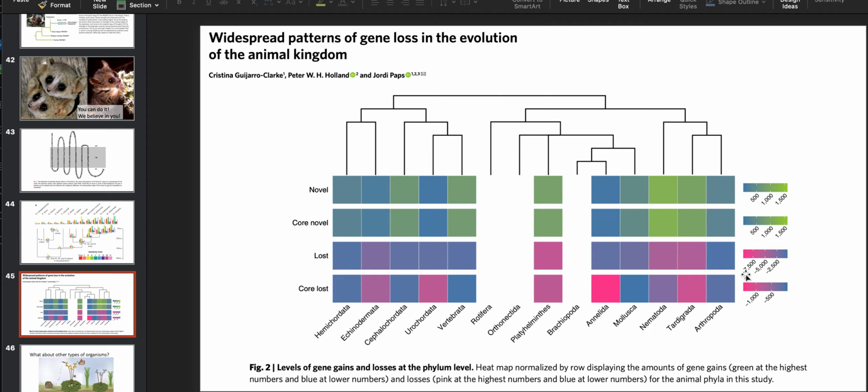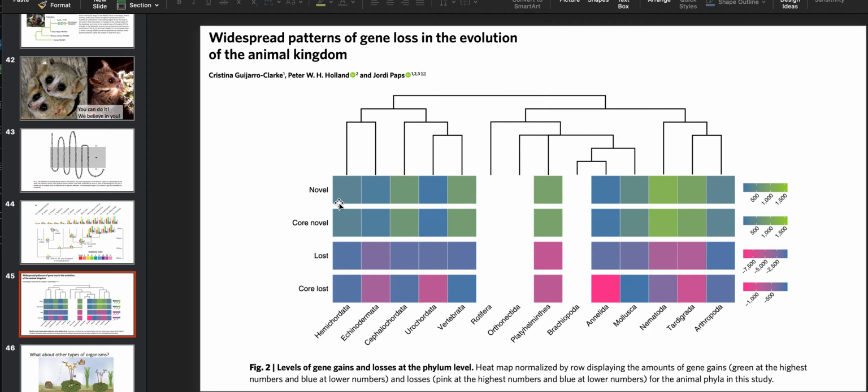The way to read this is that the bottom two rows are showing the extent of gene loss, and the more pink there is, the more loss there's been, the more blue, the less loss there's been. So these authors have found that annelids have lost more than 1,000 genes with respect to other animals, whereas nematodes and mollusks have actually lost very few genes, it seems.